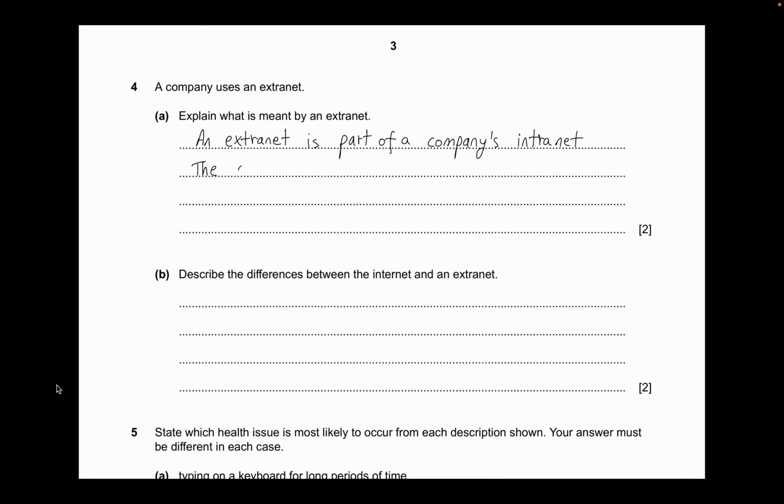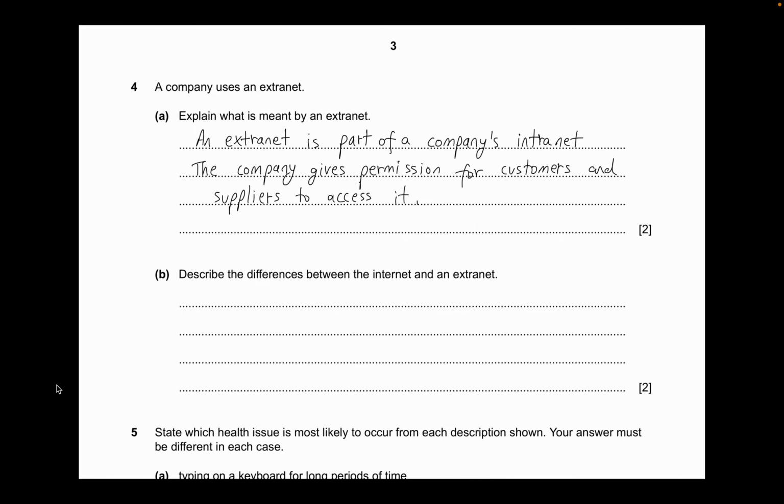The company gives permission for customers and suppliers to access it. So this is 2 marks, so 2 points. You can mention that an extranet is part of a company's intranet, and the company gives permission for customers and suppliers to access this extranet.